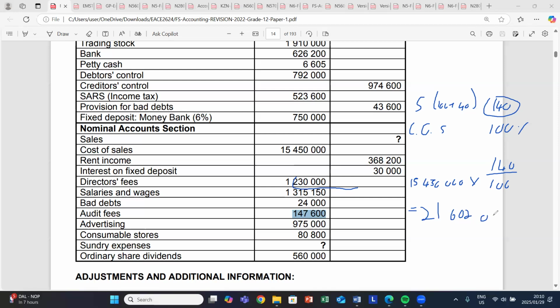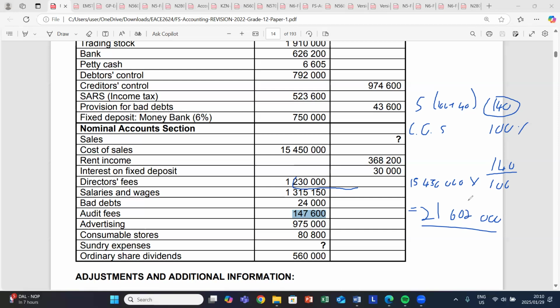Apologies there. Someone asks: isn't it 3, not 2? Okay, let us confirm it yet again. Maybe I made a mistake. Let me confirm it. Oh, sorry, I made a mistake.